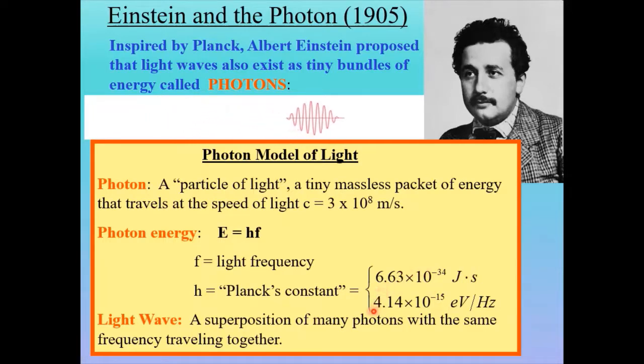There's another value for Planck's constant, which we will talk about later. It has different units that will be more practical for our use. And remember, Einstein also said that a light wave is a superposition, meaning you have a bunch of photons all with the same frequency, all traveling together at the speed of light.